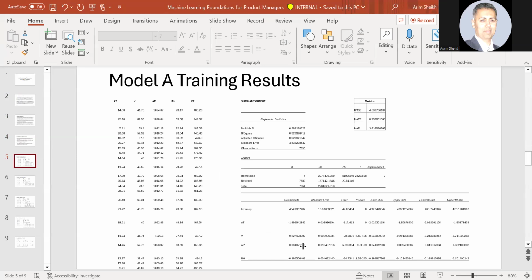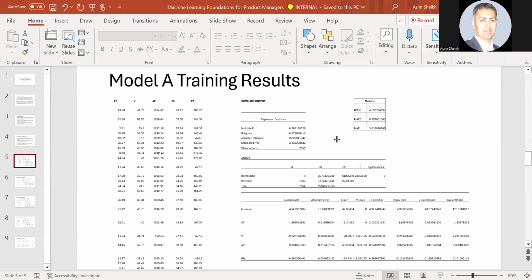That is how I arrived at removing this feature from the model in order to come up with another model, because it has the lowest coefficient. In addition, you'll notice that the R squared here is about 0.9297, as well as the metrics that are also included in the course: the root mean square error, the mean absolute percentage error, and the mean absolute error, calculated here.